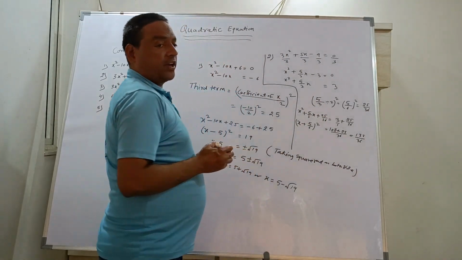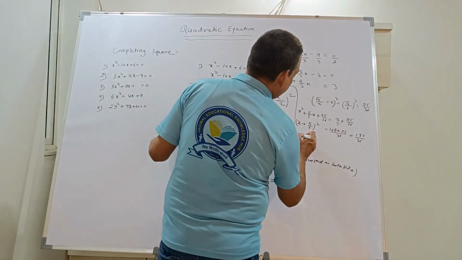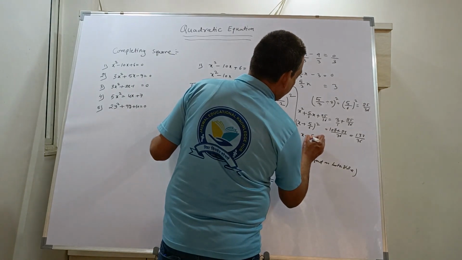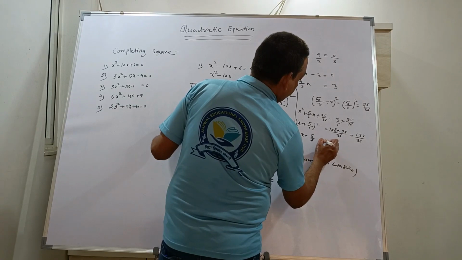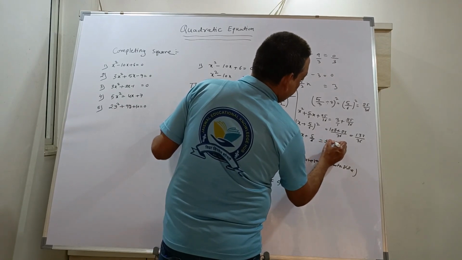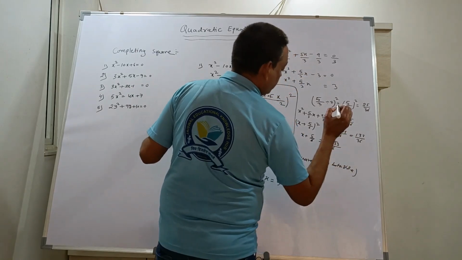Now we take the square root on both sides. So x plus 5 upon 6 is equal to plus minus root 133, and the square root of 36 is 6.